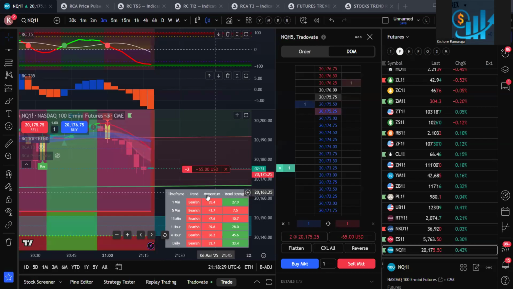So we can say complete bearish. Here red, here orange, here red. We got a sell. Should come all the way to the bottom.